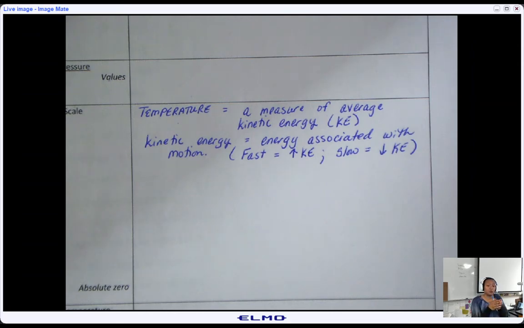Okay, so your kinetic energy is going to decrease. My first question was, if something cools down, what happens to its kinetic energy? And the answer is the kinetic energy is going to decrease. It's going to go down. Now, why does the kinetic energy go down? So this is where you would talk about the motion.